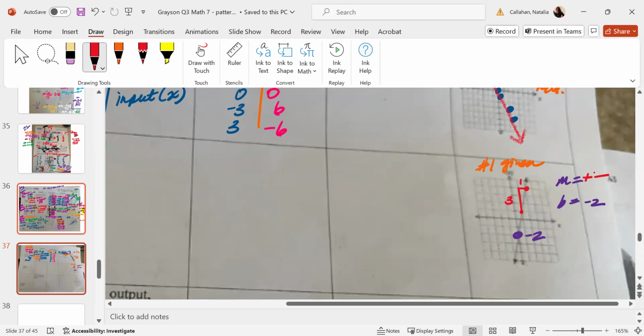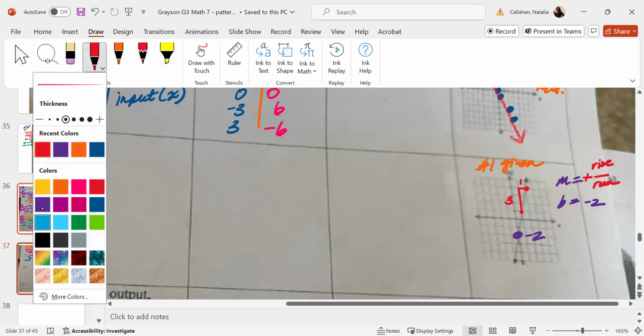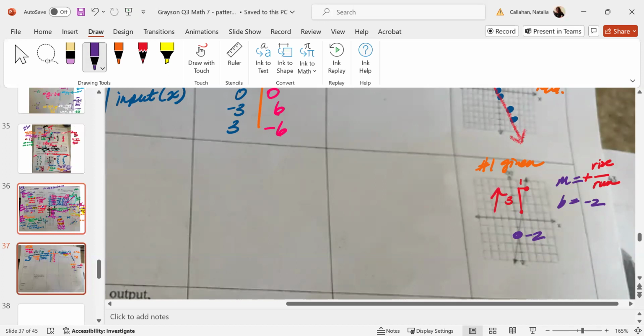Which number comes first? Your slope is rise over run. So what's your number when it comes to rising up? And what's your number with running over? Which will represent your rise? 3 is the rise.